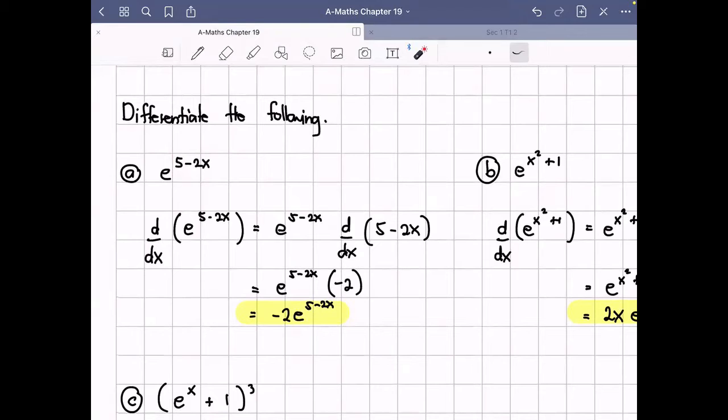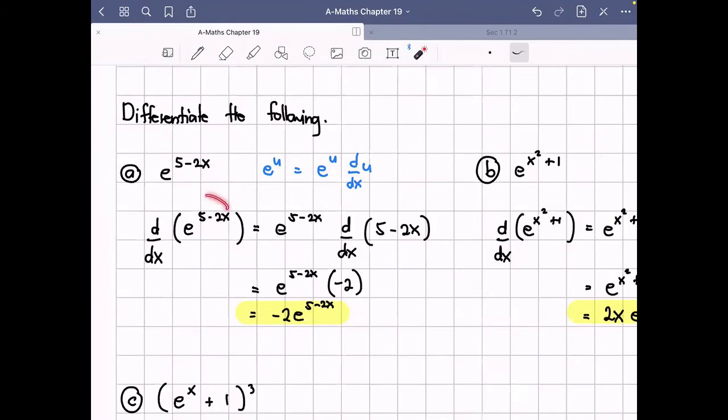Again, if you're given e raised to u, and u can be any function of x, that is equal to e and then u again, just write the same thing, but then you need to derive your exponent. So that's what I did here.